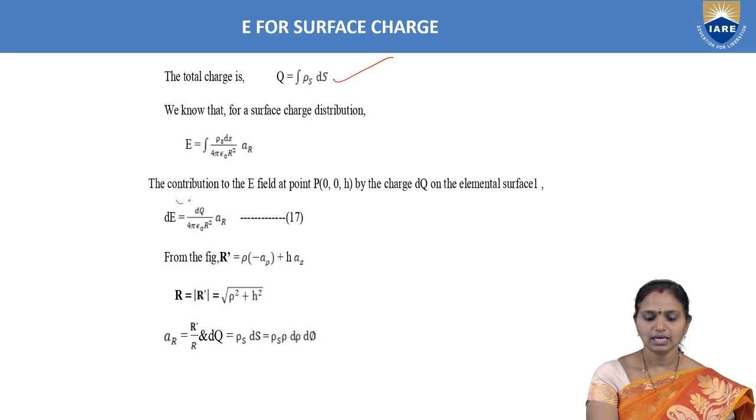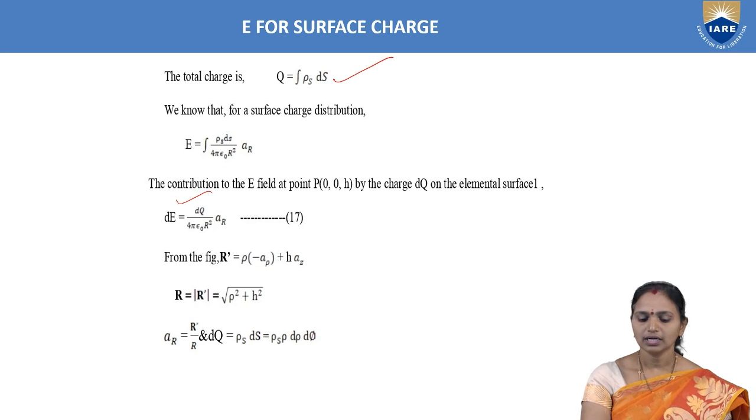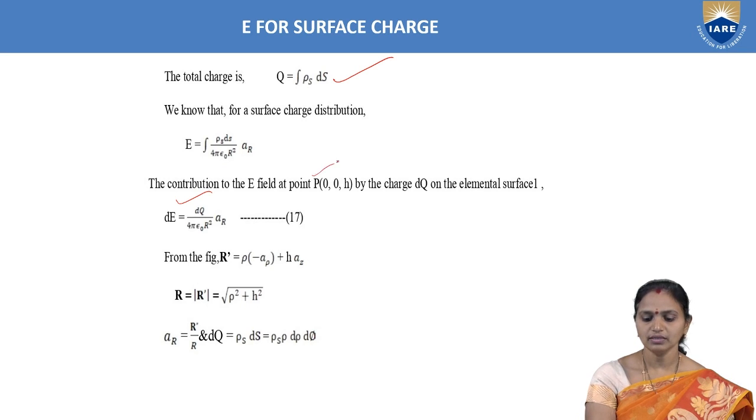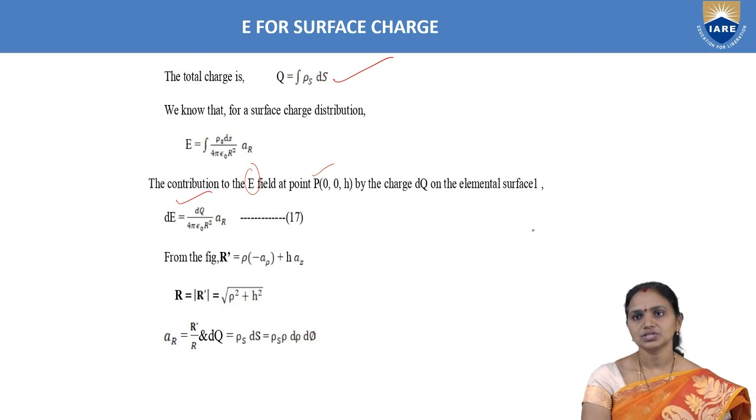So first we have calculated the contribution to the total E field at (0, 0, h). At (0, 0, h), as it is a point, we can calculate only that.